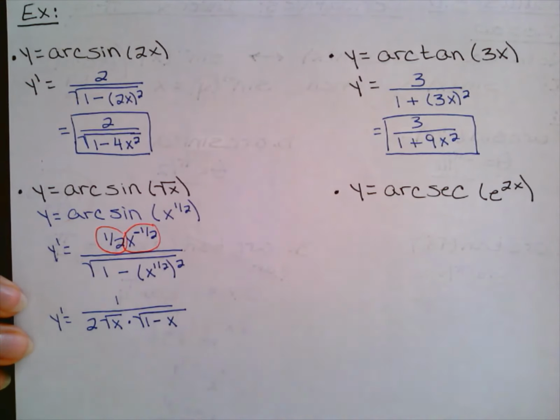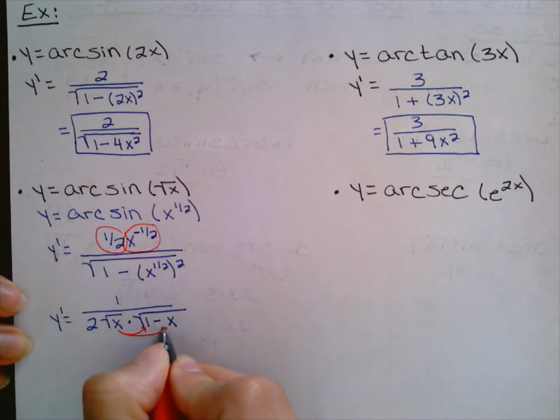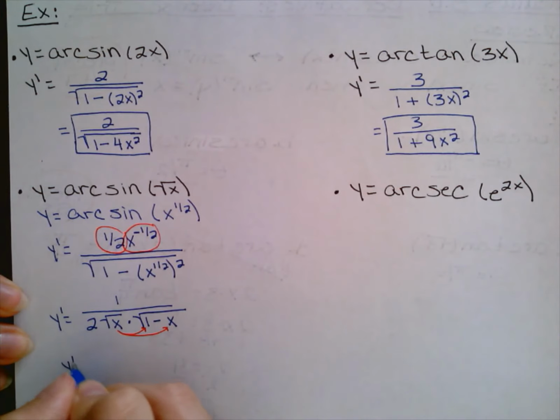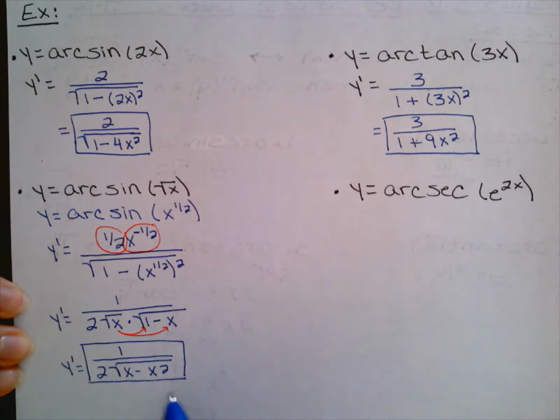So that means I am allowed to distribute this in here. So 1/2, put one big square root. X times 1 is x, minus x times x is x squared. And again, I sound like a broken record, but always take a peek at those multiple choice options. You don't want to clean extra when you don't have to, okay? You can start catching these things by looking at the multiple choice options.